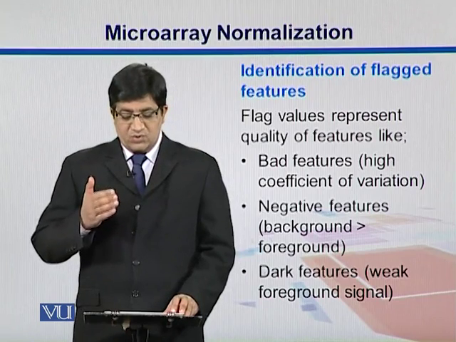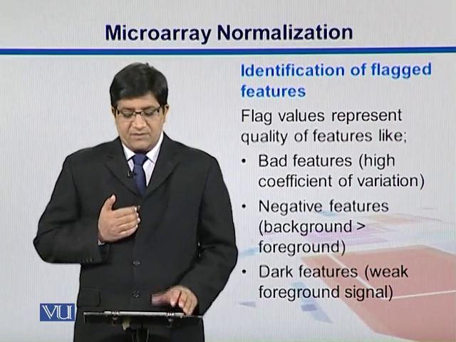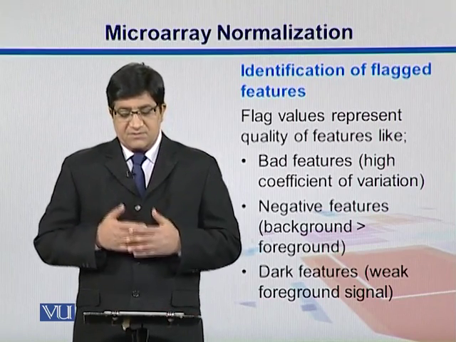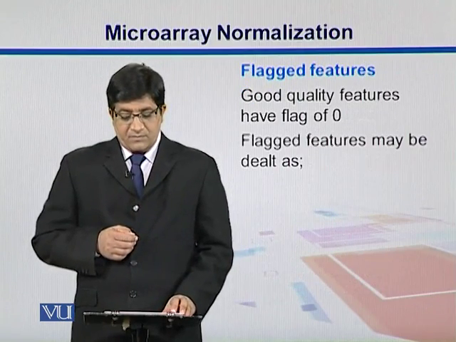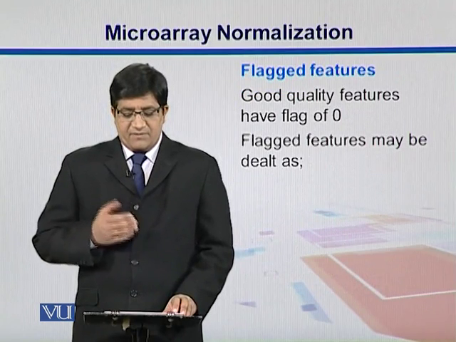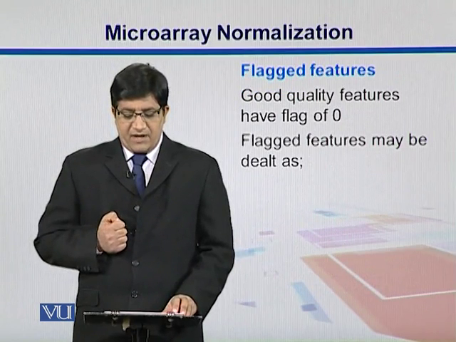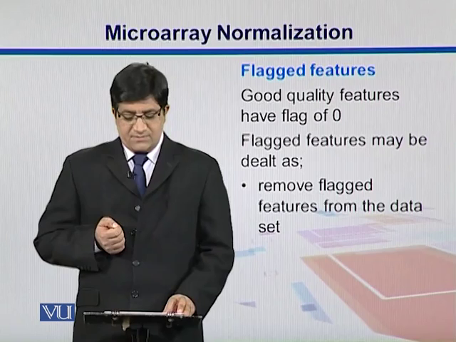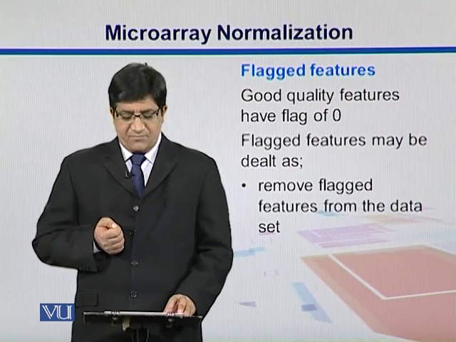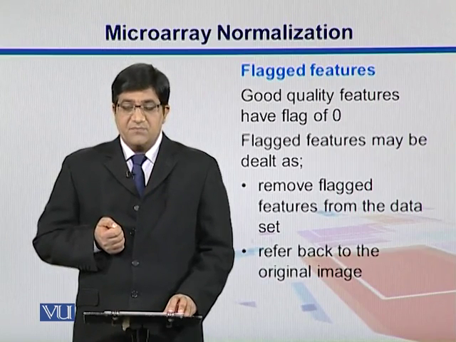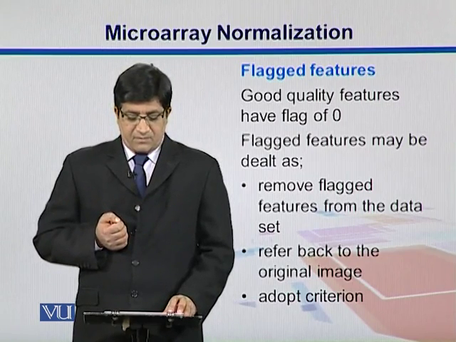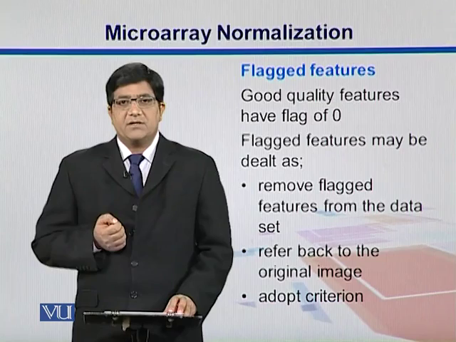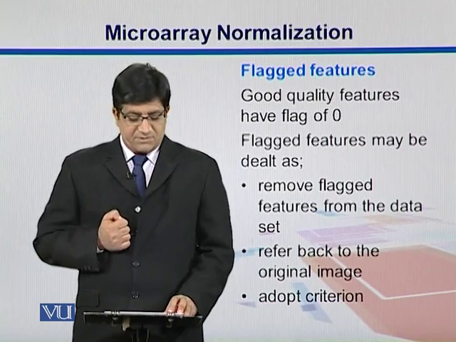So those different flag values can represent bad features, negative features, or dark features. Good quality features have a flag value of 0, and flagged features may be removed if we can afford to, or maybe we can refer back to the original image and correct it, or maybe we can develop some criteria for how to deal with those flagged features.